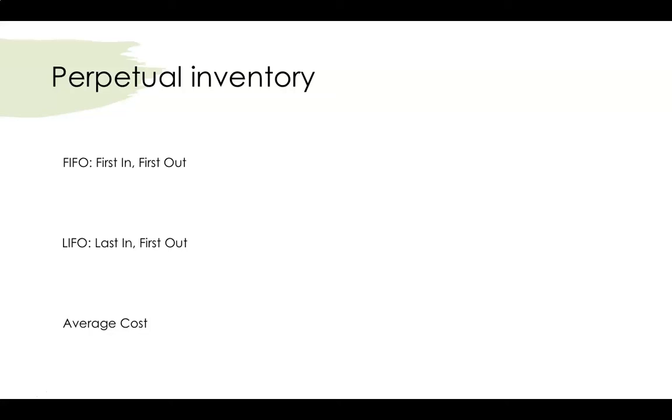Here, I just wanted to go over the general sense of what each cost flow method offers, right? So FIFO is going to have a lower cost of goods sold, which will mean a higher net income, right? Because cost of goods sold is an expense account.